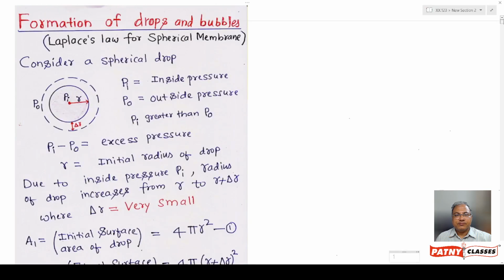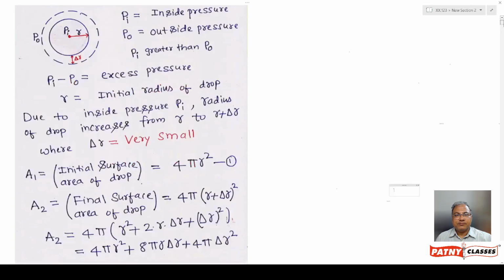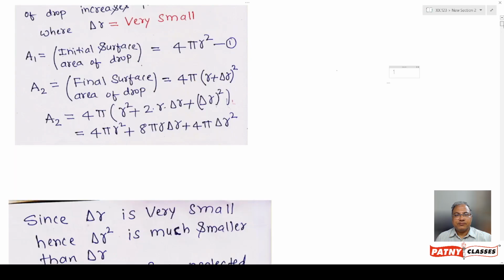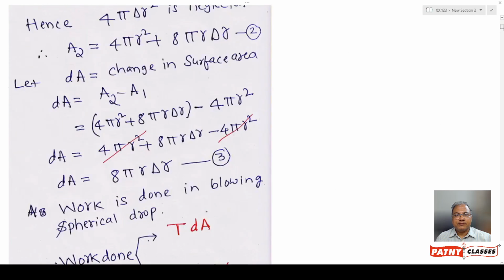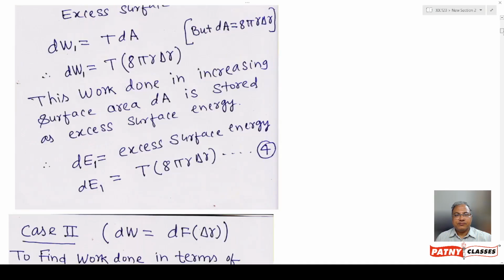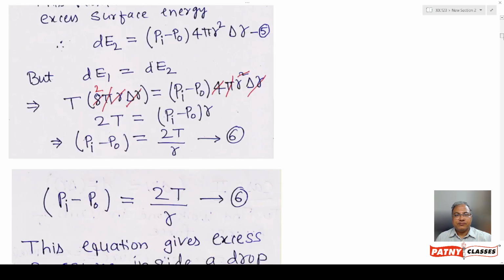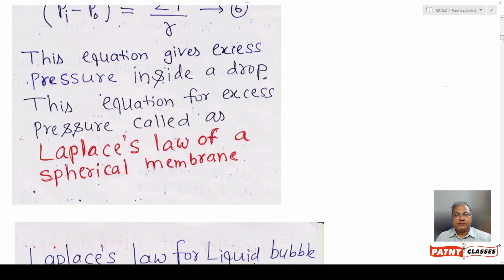So in today's video, I am going to talk about Laplace law for spherical membrane, and I am going to derive it, giving you the theoretical information as well as supporting it with mathematical calculation. So let us start today's topic, that is Laplace law of spherical membrane.